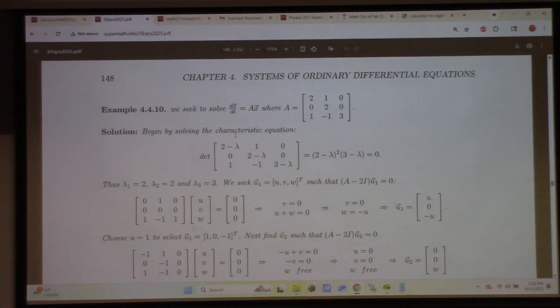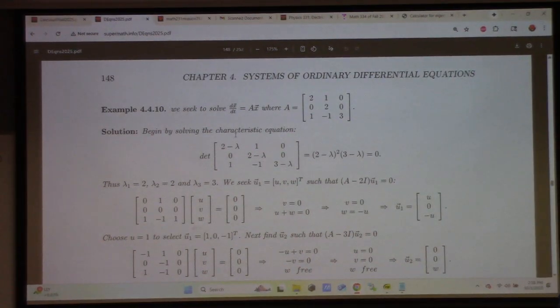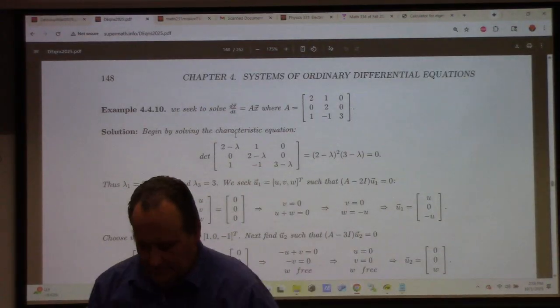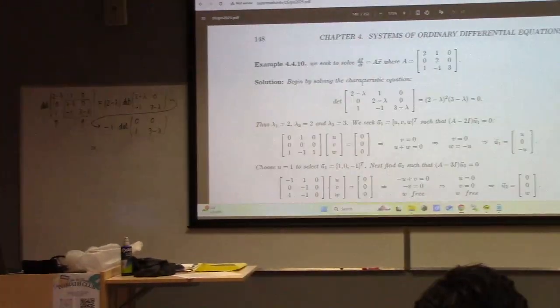This problem's just nice, which is why I didn't show the steps. That second determinant is 0, so the first one is the only one that comes into play.